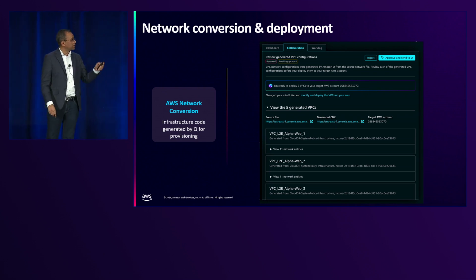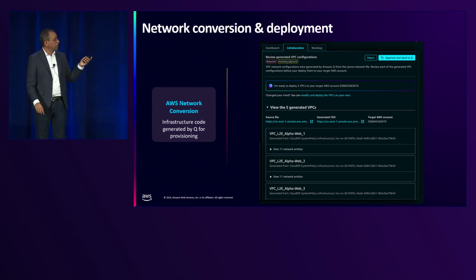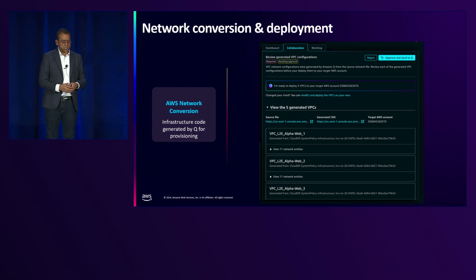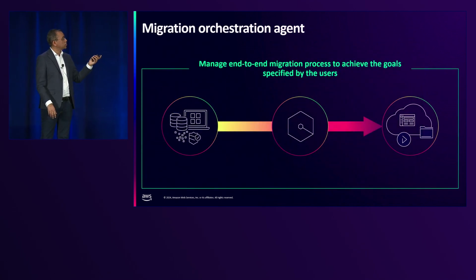And these artifacts are available for you to review. It also gives you recommendations on how you are going to deploy that in your target environment. And finally, once you are satisfied with the network configuration, you can proceed with the migration orchestration.